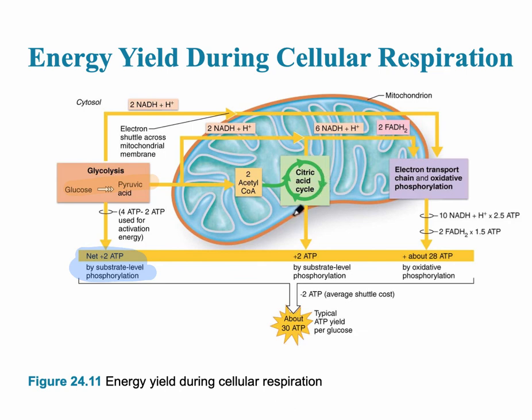There's the citric acid cycle, which makes 2 ATP. So again, not that many. But the electron transport chain produces 28 ATP. So the net result is about 30 ATP, 30 to 32 ATP. So this, again, this most significant amount is the electron transport chain.